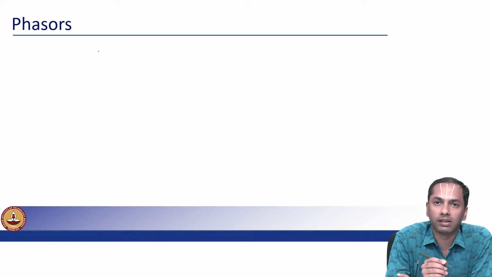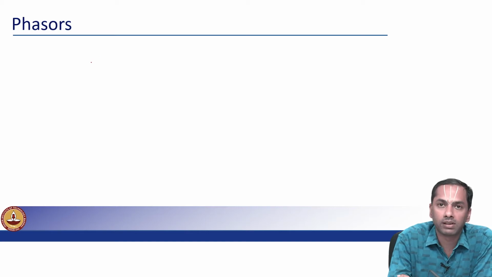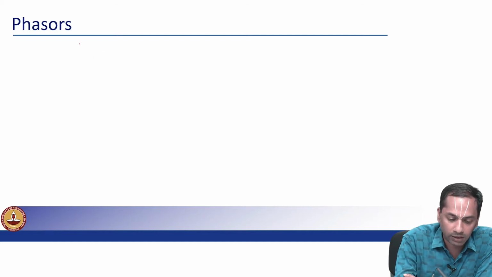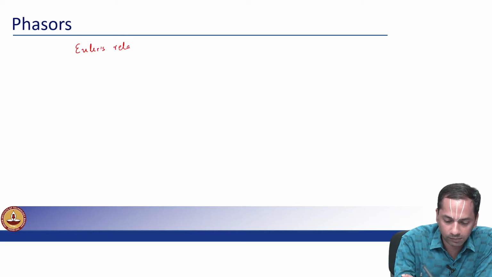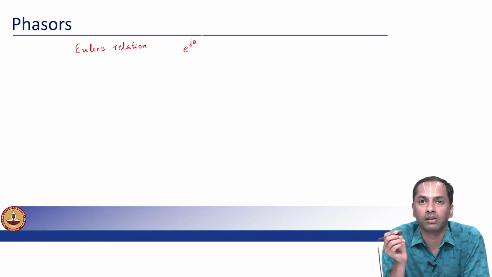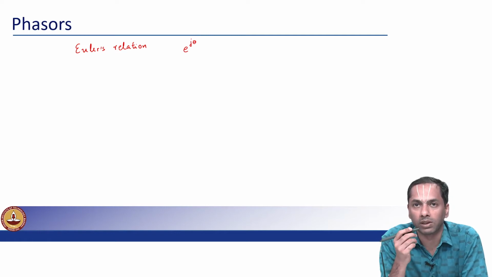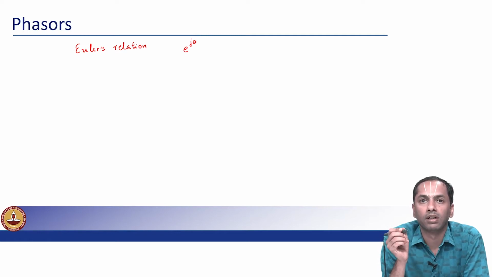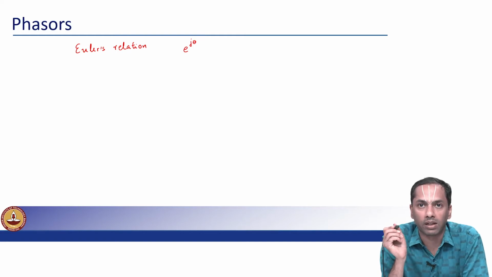So a phasor is essentially just a complex number, right? All of this stems from some very beautiful mathematical relations, the first of it being Euler's relation, which essentially says that e to the j theta, we try to avoid using i for square root of -1 because it might be confusing with the notation for current, right?